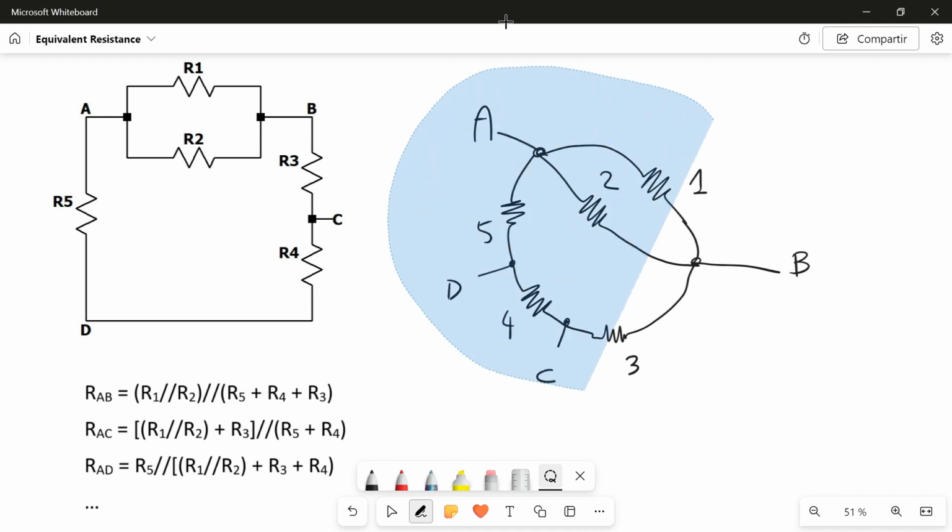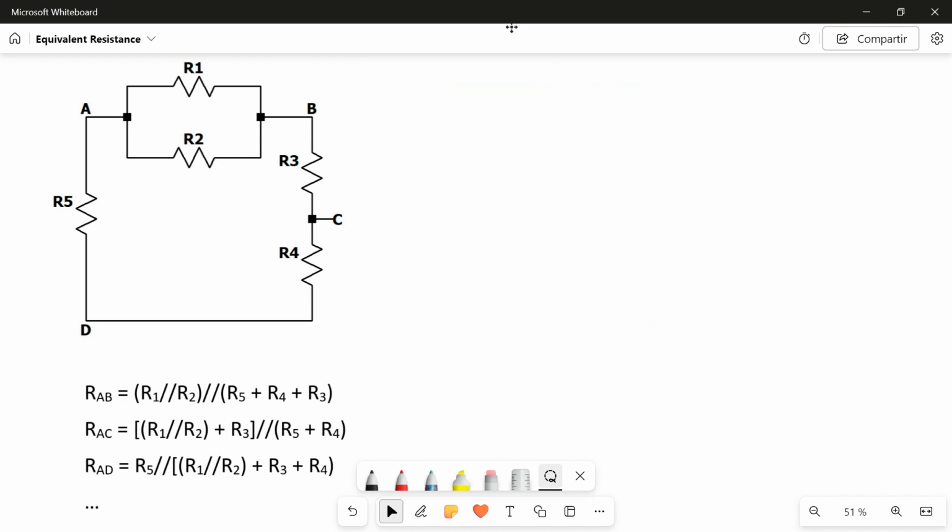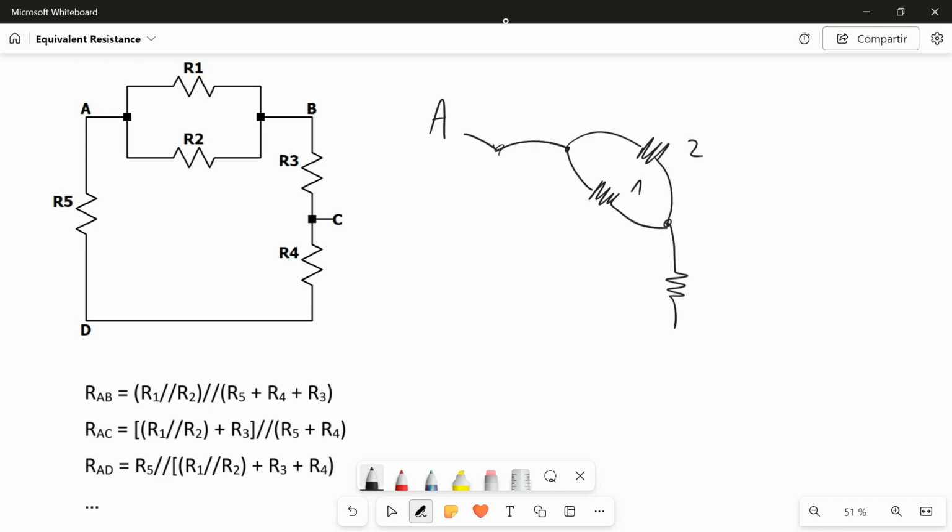Let's see what is the resistance between A and C. So between A and C, I have A. Then I split into R1 and R2. Then I have R3, and I have my C point. I have B here, but I don't care. And on the other side between A and C, I will have R5 and R4.